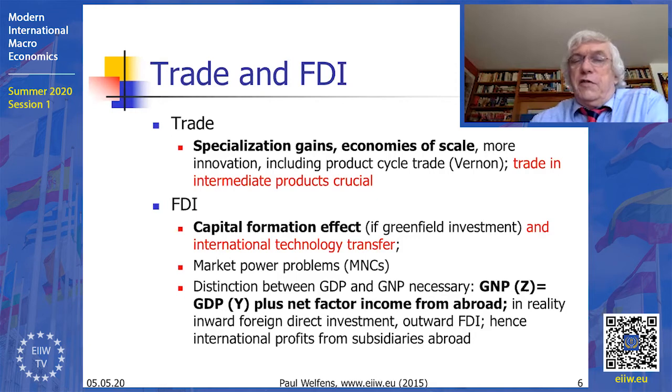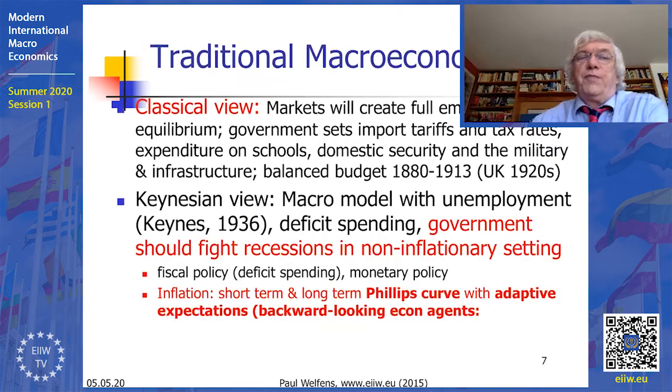And you can also, of course, take a look at export functions. Their export should be proportionate to foreign GNP, and imports are not proportionate to GDP. Typically, they are proportionate to national income in the importing country.